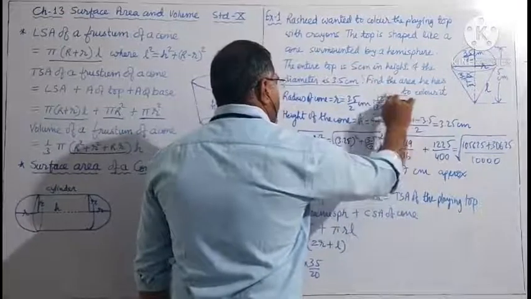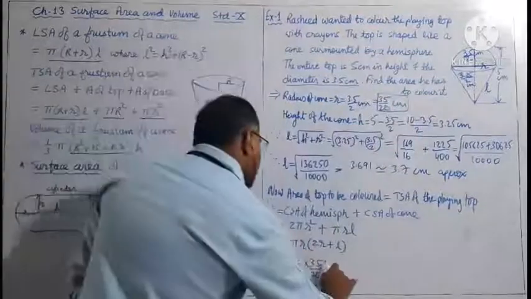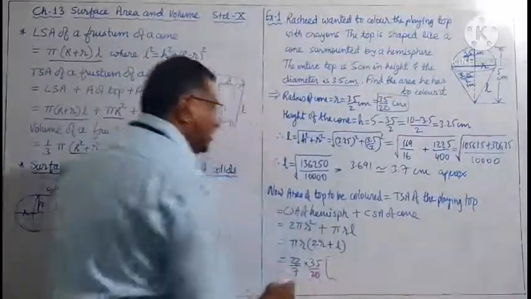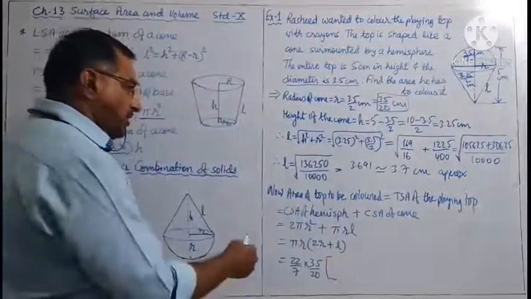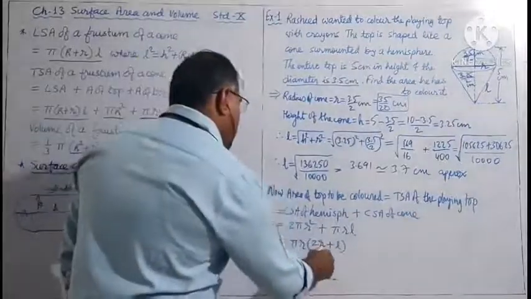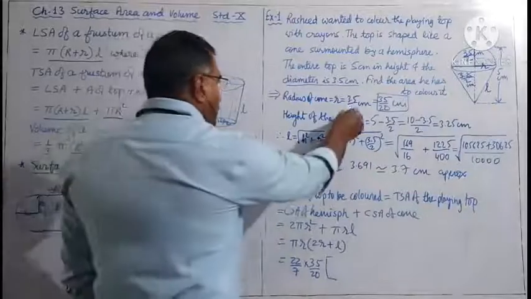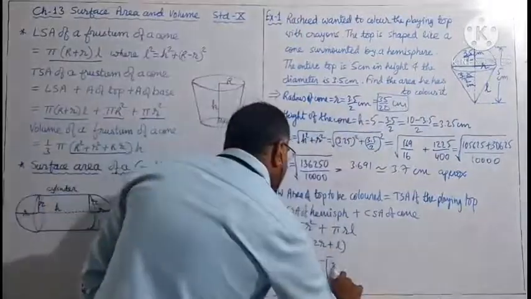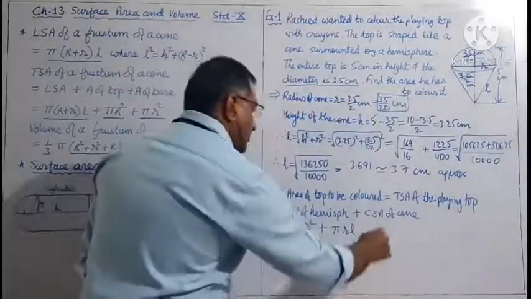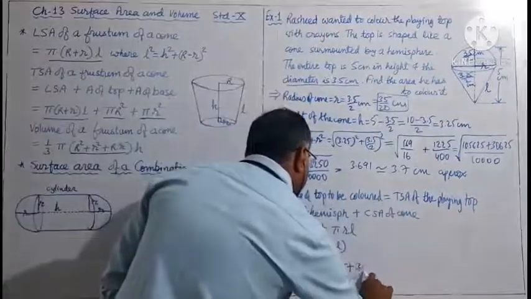Is it clear? Next, in bracket, it is 2 multiplied by radius, so radius is 3.5 by 2 multiplied by 2, that is 3.5, plus slant height. Slant height is taken 3.7 approximately.